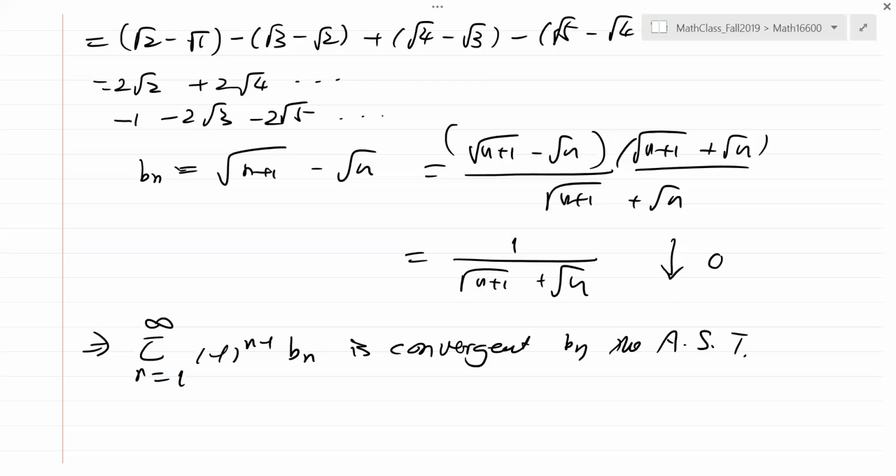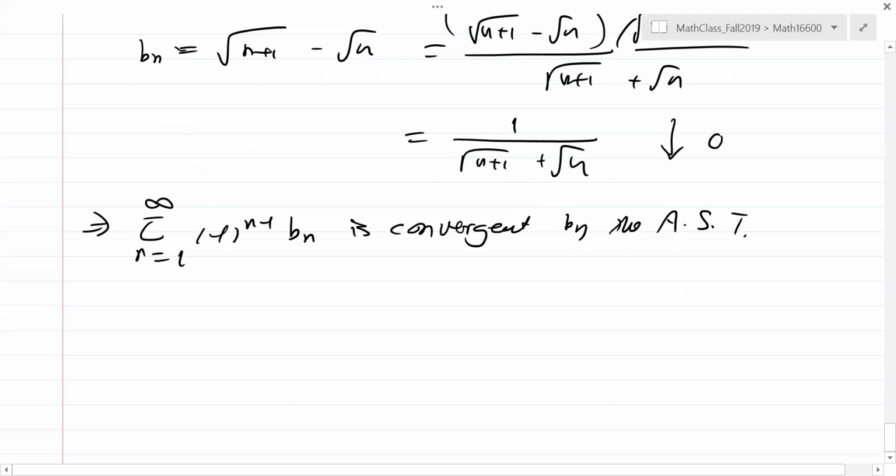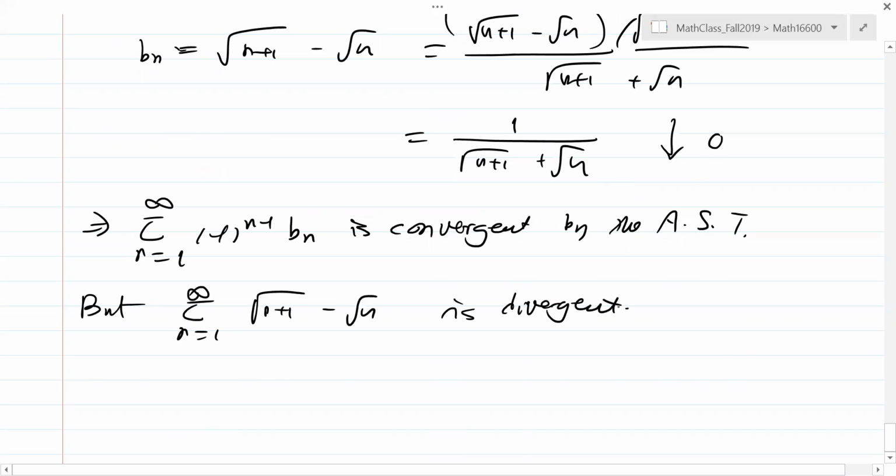But the original series without the change of sign is divergent. How do you prove it's divergent? Do you still remember? Every term is positive, right?